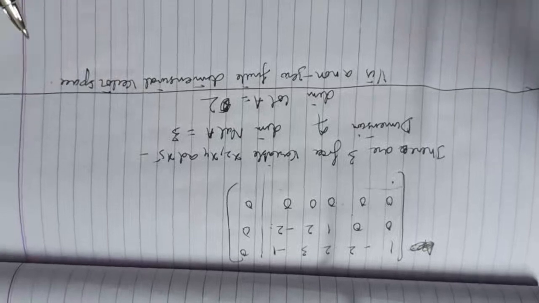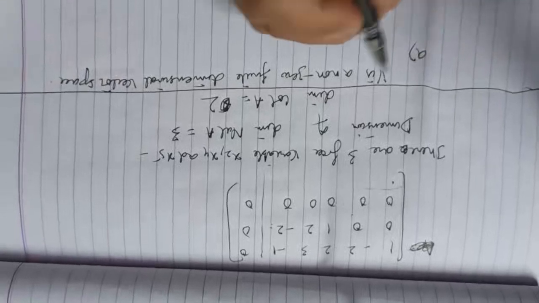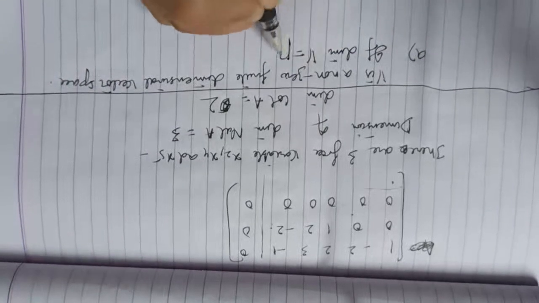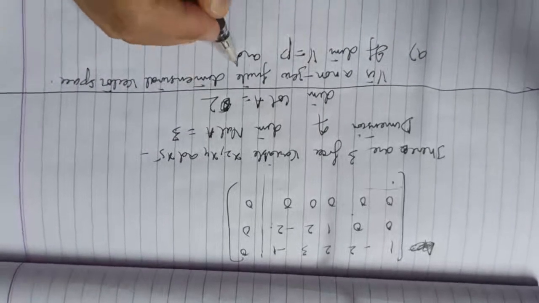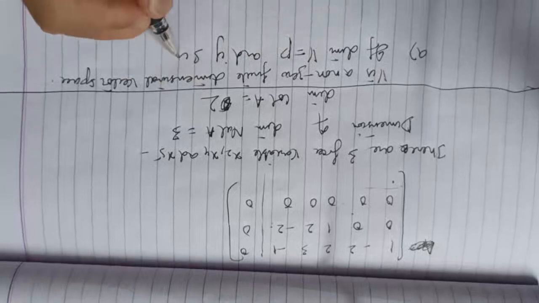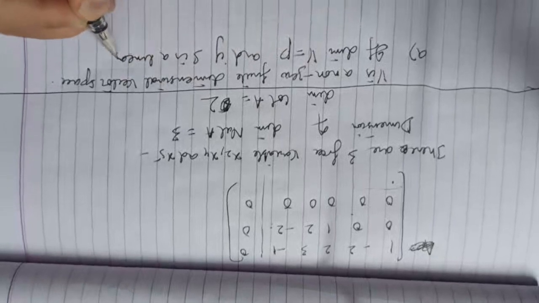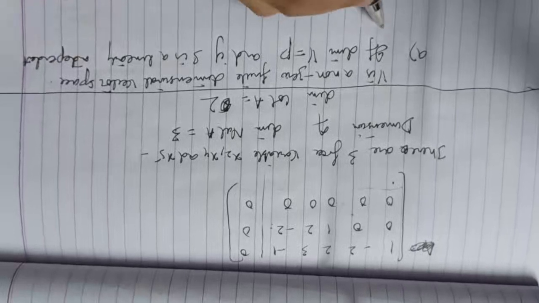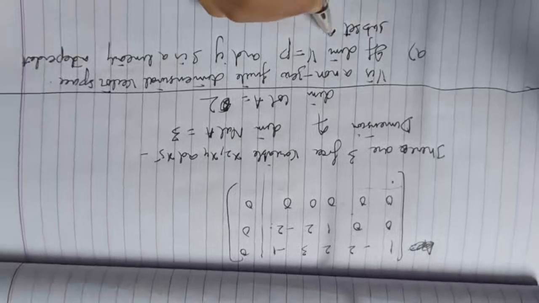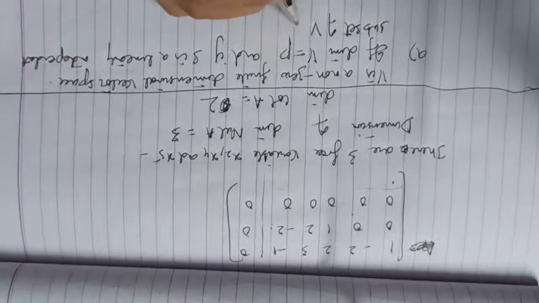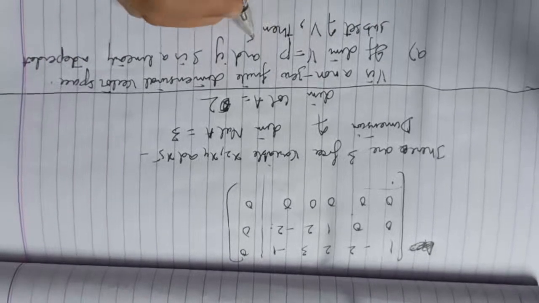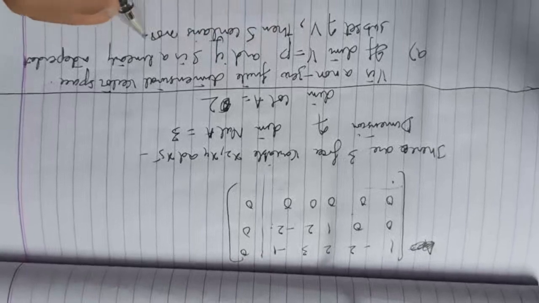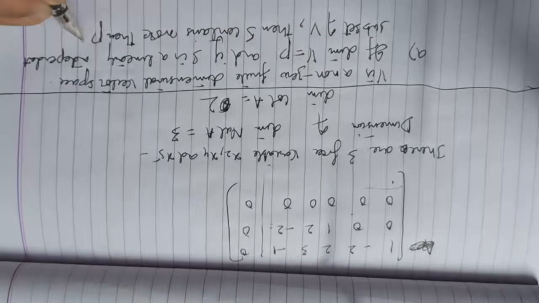Okay, now you have to tell if this statement is true. Let's say the dimension of V is equal to P, and S is a linearly independent subset of V, then S contains more than P vectors.